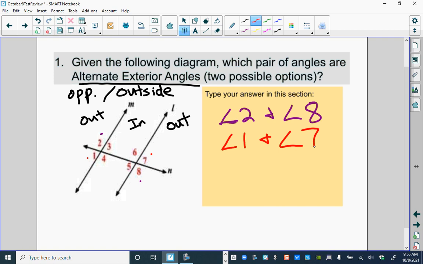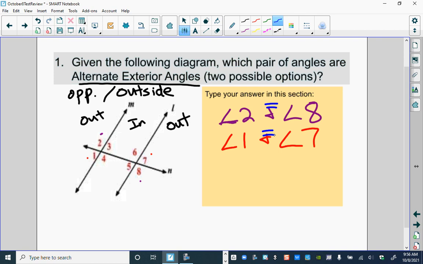Now, what do we know about alternate exterior angles? What's the relationship? Who remembers what the relationship of the alternate exterior angles are? They are congruent. Alternate exterior angles are congruent. Yeah, you could say 1 and 7, 2 and 8, they would also equal each other. That's right. You don't have to do this for this particular activity, but yeah, it's good to know.